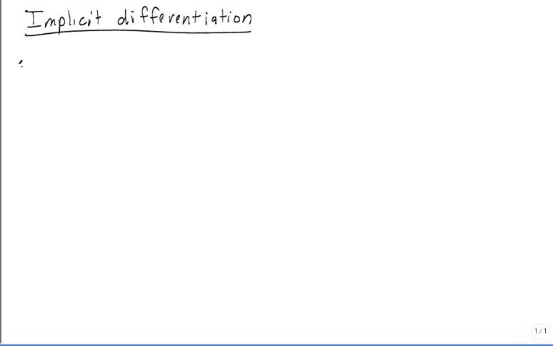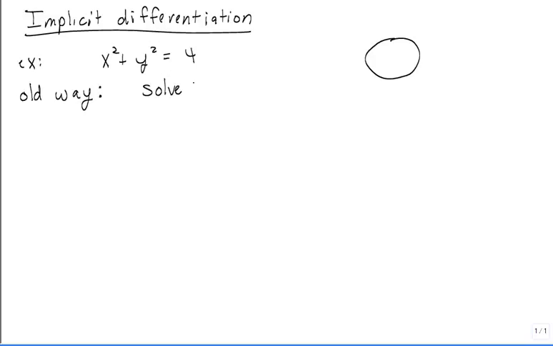Alright, so let's just start with an example. Suppose I have x squared plus y squared equals 4. Now that's not a function because that's a circle with radius 2. X squared plus y squared equals k squared is a circle. Now we want to take the derivative. So the old way, or the way we know, is to solve for y and get it to be y equals. And that would be y equals plus or minus the square root of 4 minus x squared.